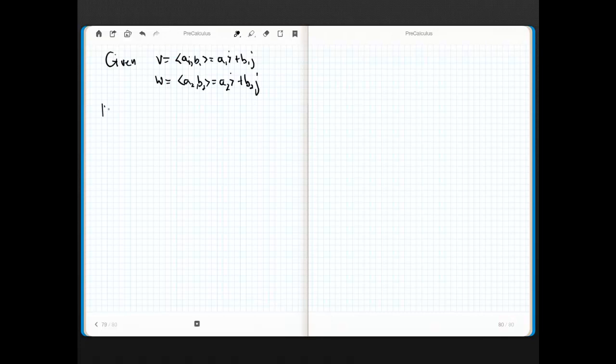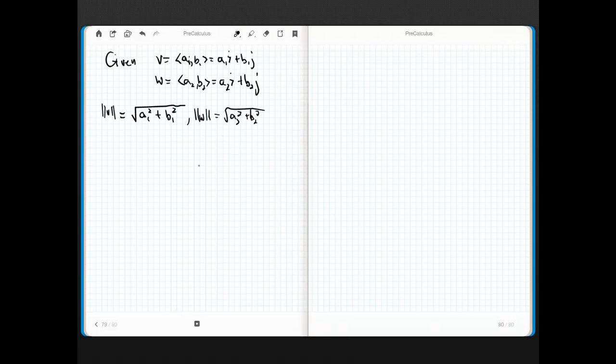Well, think about it. What's the magnitude of V? Remember, horizontal and vertical, you got yourself a right triangle. This is just the square root of A1 squared plus B1 squared. Magnitude of W is equal to the square root of A2 squared plus B2 squared.